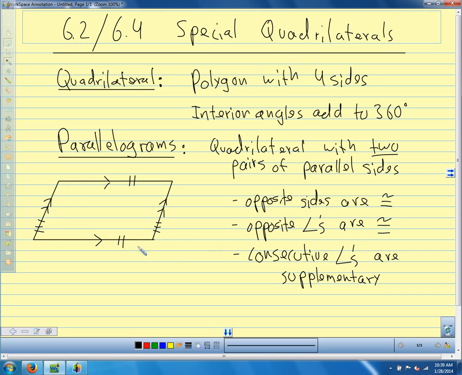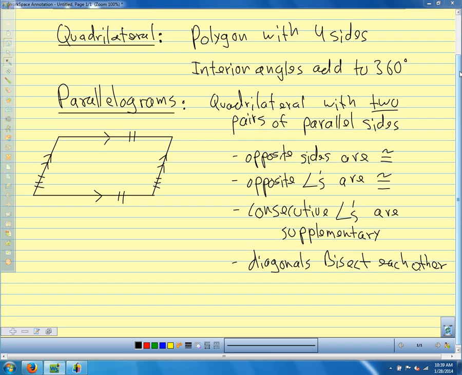So opposite angles are congruent, consecutive angles are supplementary, and we also know when we have a parallelogram that the diagonals bisect each other. So bisect means what again? Cut in half. So the diagonals cut each other in half.